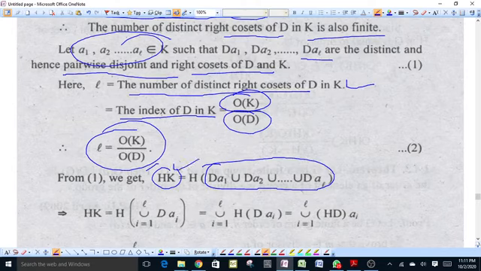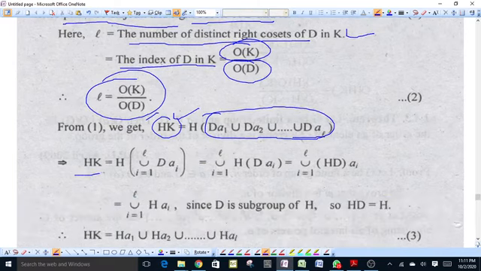Therefore, K can be written as Da1 union Da2 union ... Dal, that is HK will be equal to H into the union of all the right cosets, i equal to 1 to l of Dai.